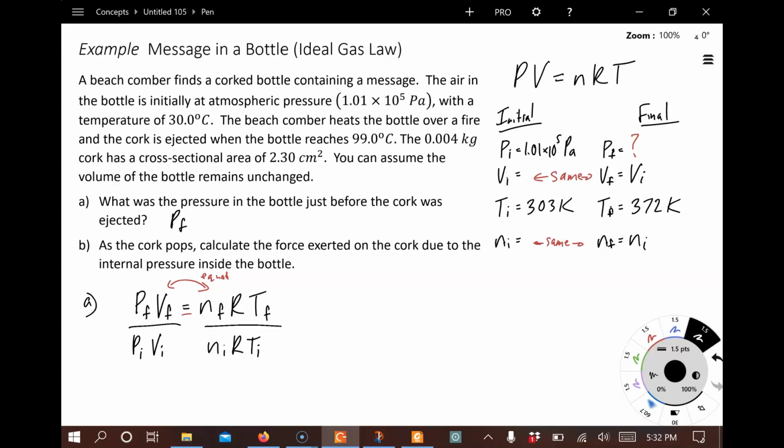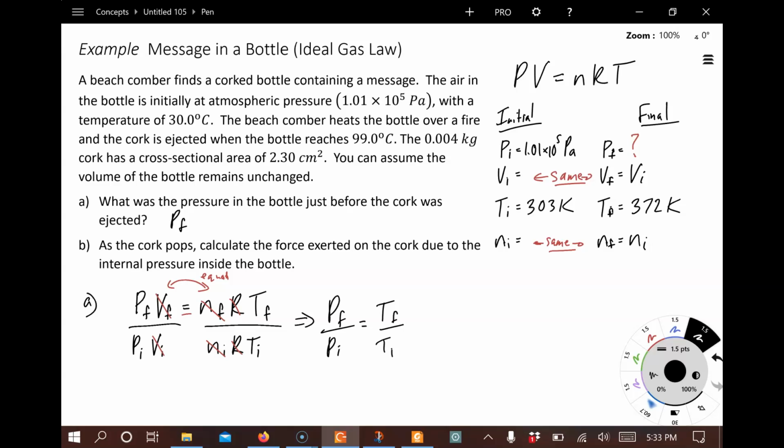But now look what we can do. The things that are the same, they divide out because they haven't changed. So V final, V initial the same, they cancel. The number of moles at the end and the beginning, the same. And R is just a constant. Those cancel out as well. So this simplifies our equation quite a bit, right? Afterwards, this is all we have left here. We've got P final over P initial is equal to T final over T initial.